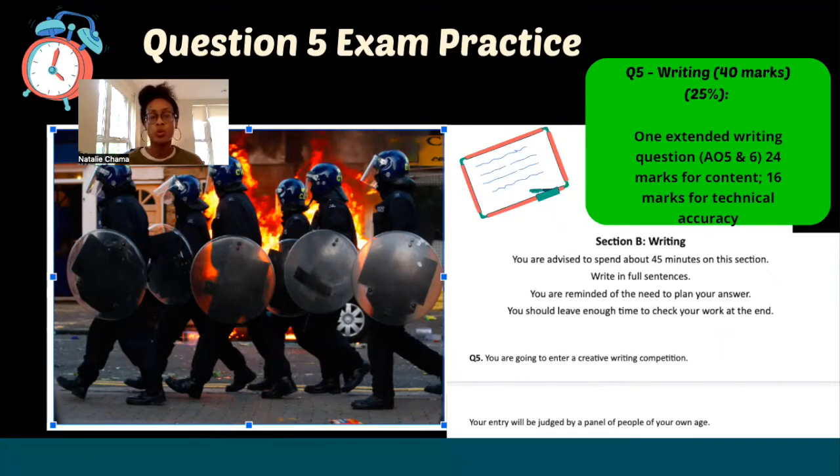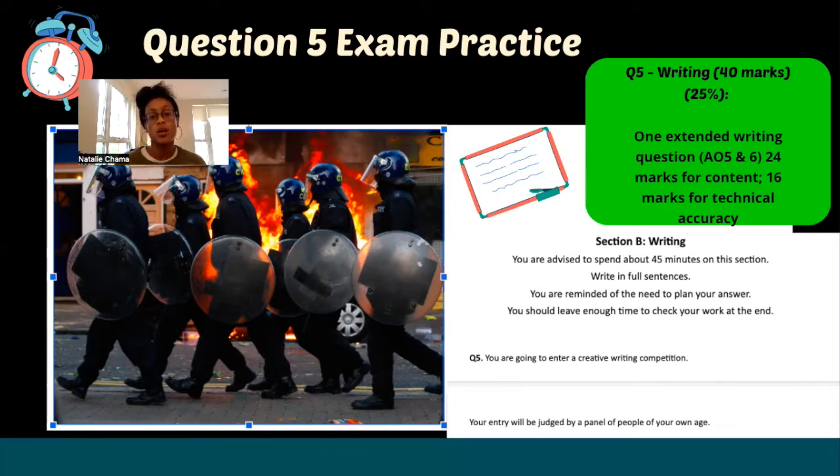AO5 is all to do with the organization of your ideas, of your creative ideas and how you structure them in your writing. And AO6, assessment objective 6, is to do with your spelling, punctuation and grammar and overall accuracy in your writing. So as you can see, assessment objective 5 is 24 marks for your content and 16 marks for your SPAG.